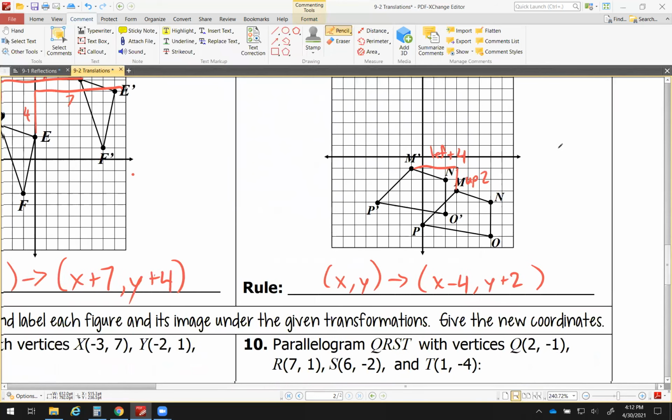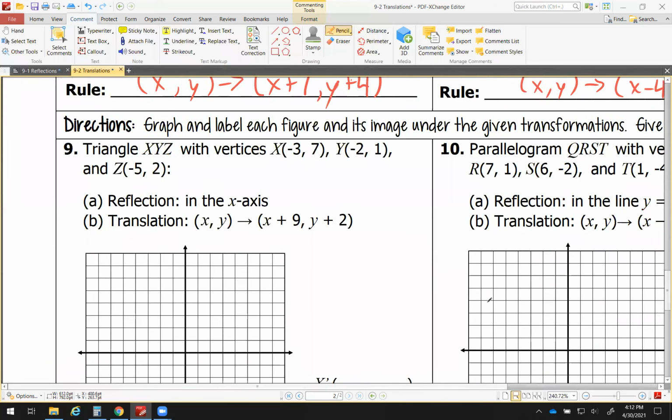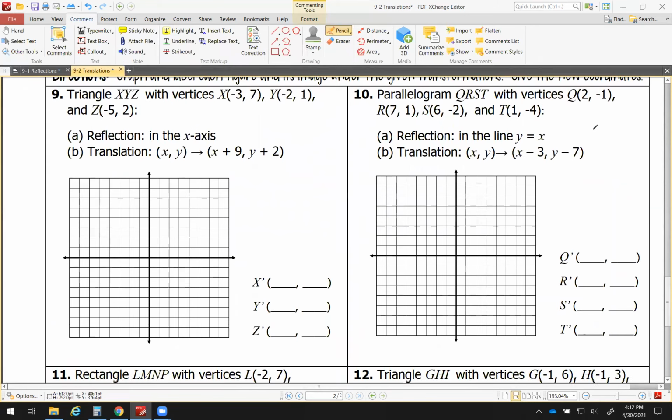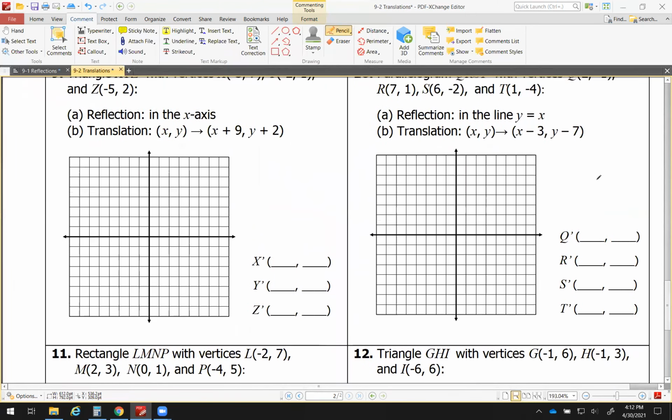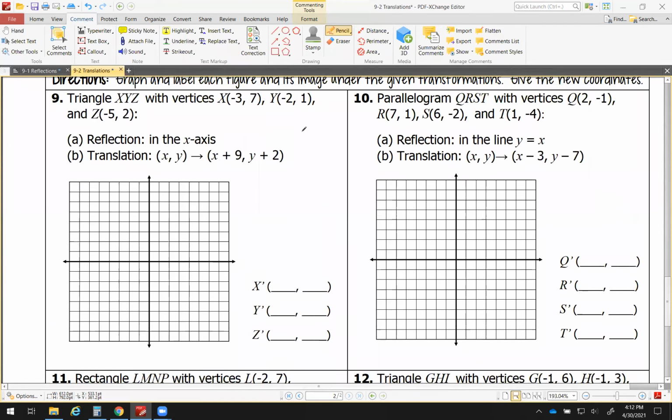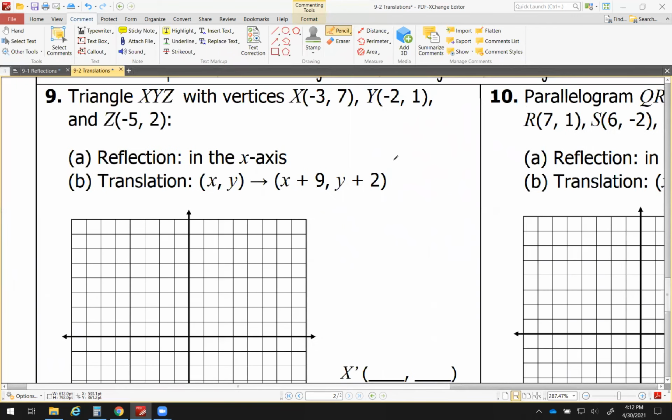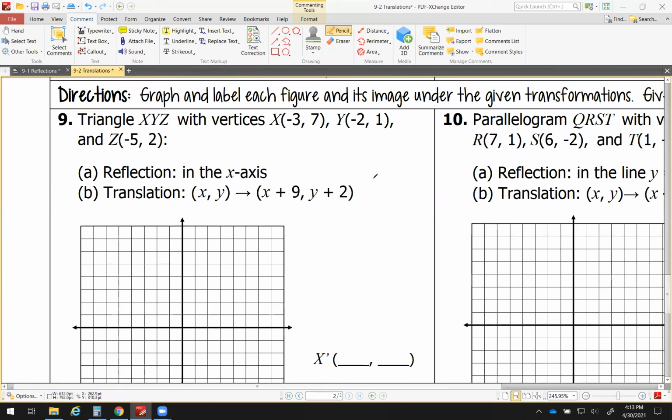Okay. Now let's do 3 of these just because why not? Let's do 9, 10, and 12. They are going to give us 2 transformations. And in class, initially I couldn't decide whether we were going to do one and then the other, or if it was just doing 2 separate problems on the same graph.